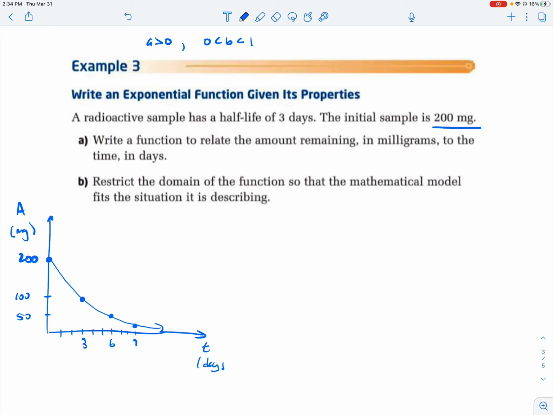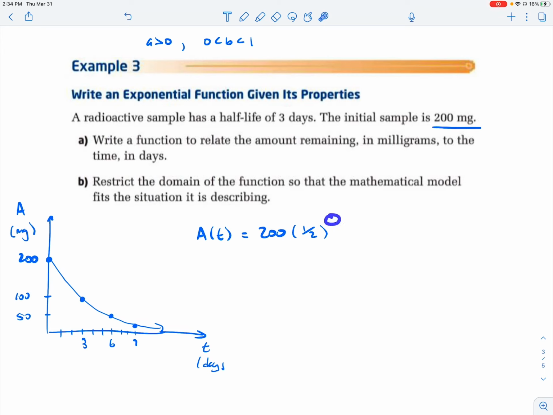So my function, I'm going to write it as A of t, and it's going to be equal to my initial amount times the factor by which this is changing. So this is half-life, so we want to keep multiplying by a half every compounding period.